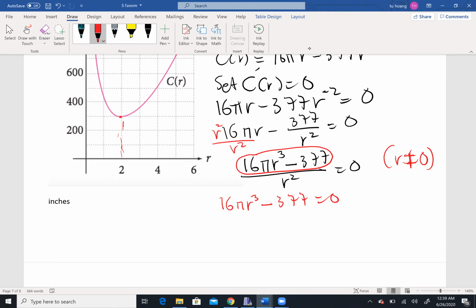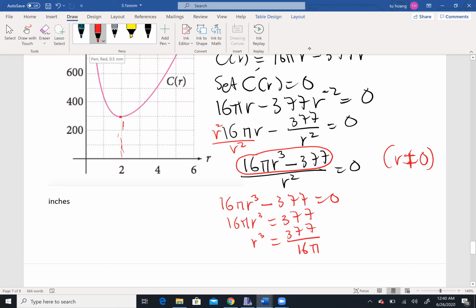Now I'm gonna add 377 to both sides, have 16 pi r cubed equal to 377. And then I divide both sides by 16 pi, so I have r cubed equal to 377 divided by 16 pi.